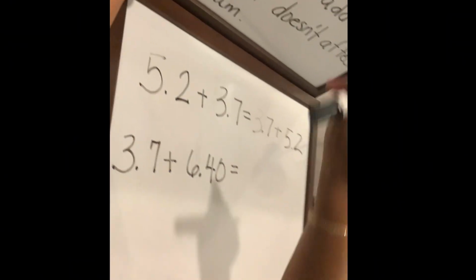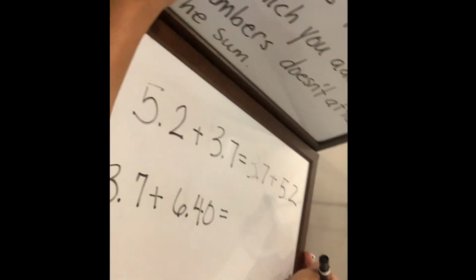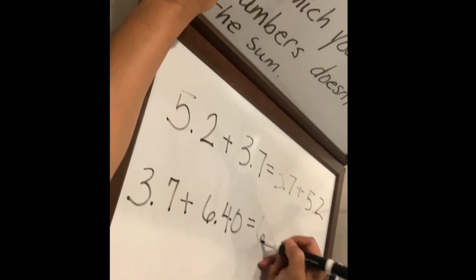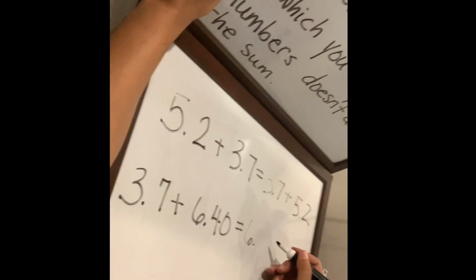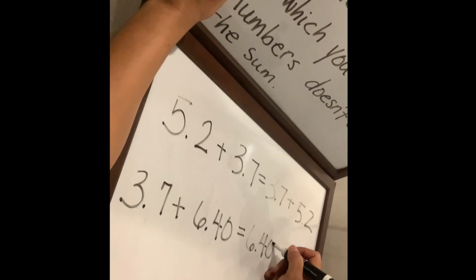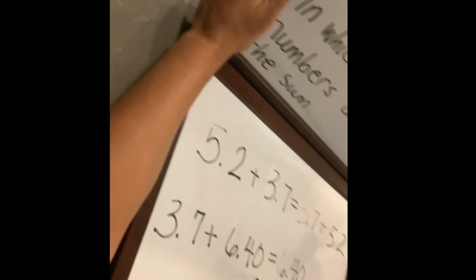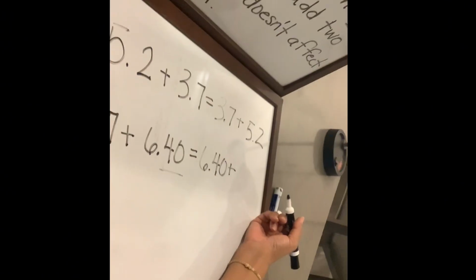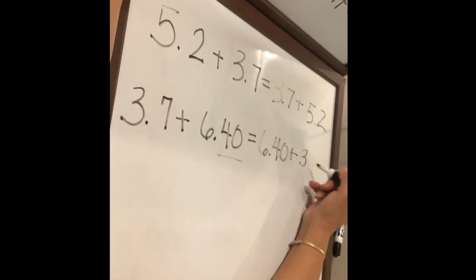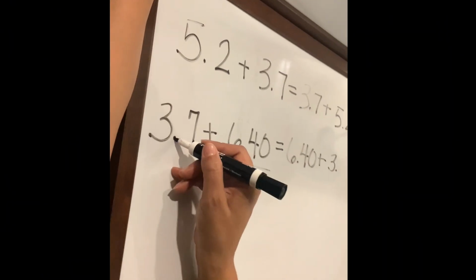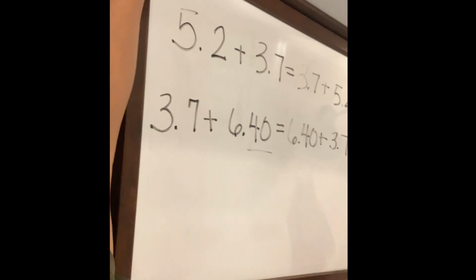What is that equal to based on the commutative property of addition? 6 and 40 hundredths plus what? 3 and 7/10. That's 7/10. Very good.